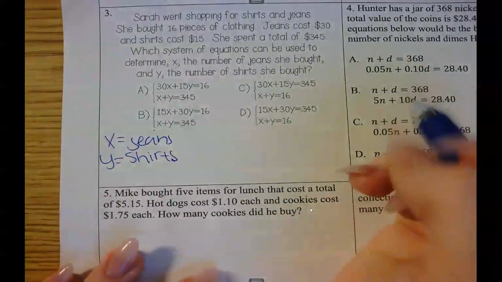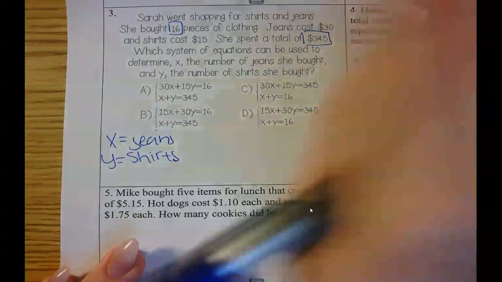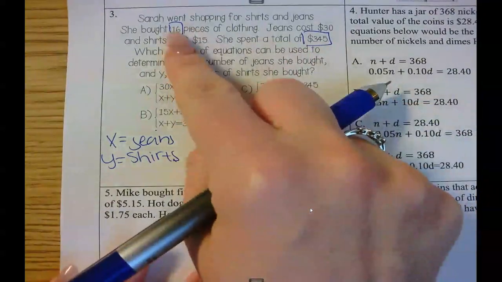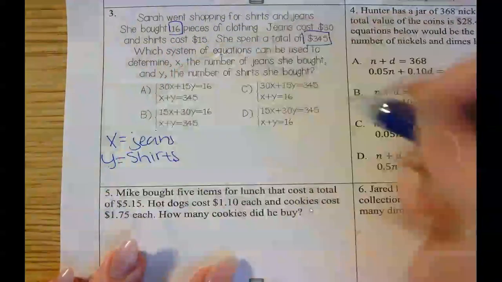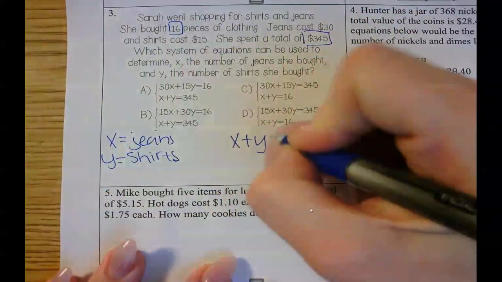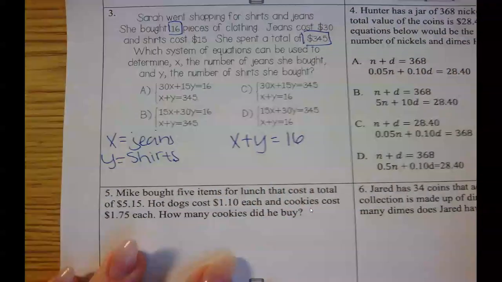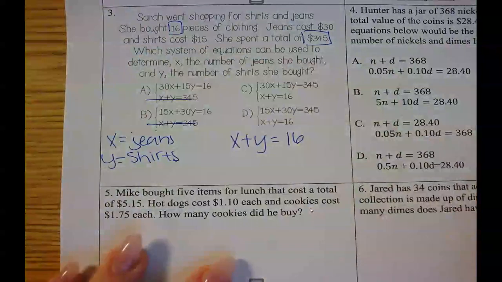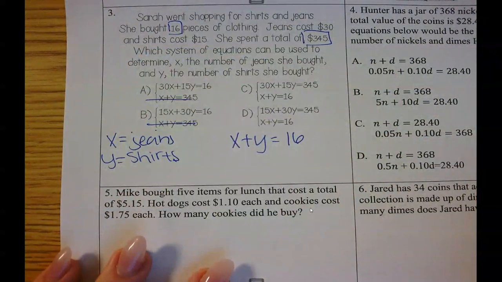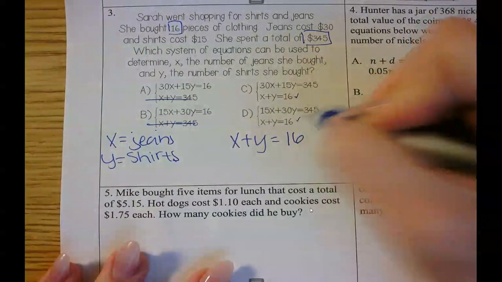All right, we have two totals here. We have a total number of clothing and a total of dollars. So whenever you have a total number of the two things, your equation is your two variables added together equaling that total. So I can eliminate answer choices because they don't have that equation. These two do.